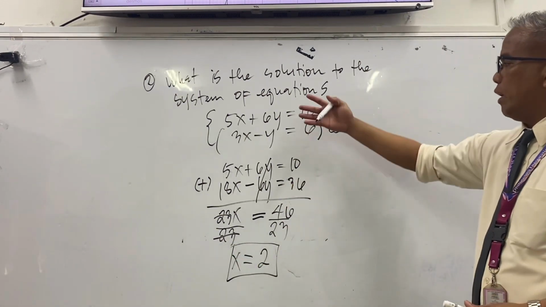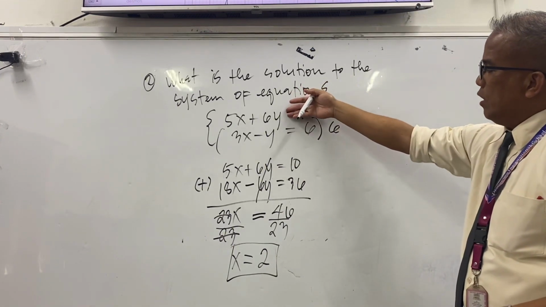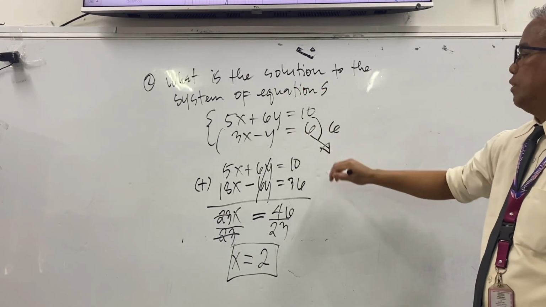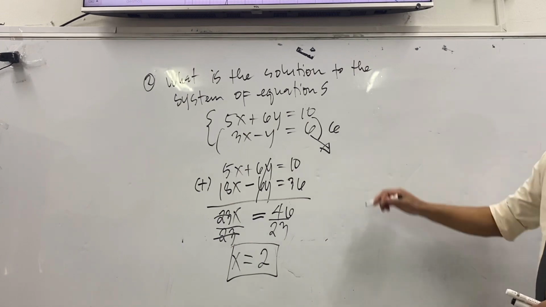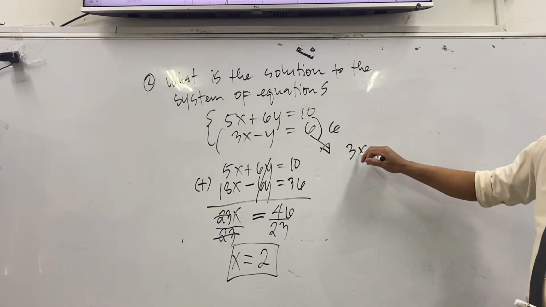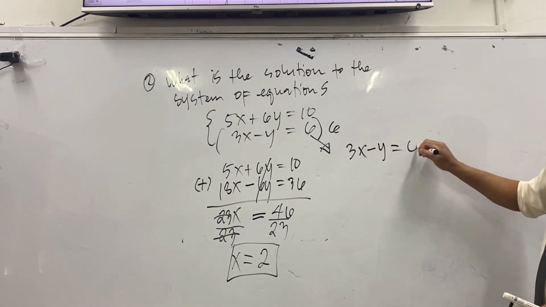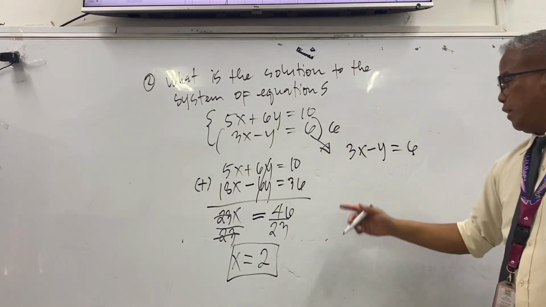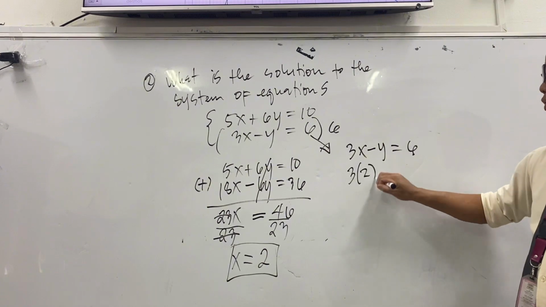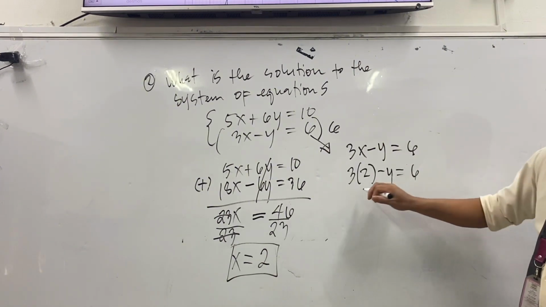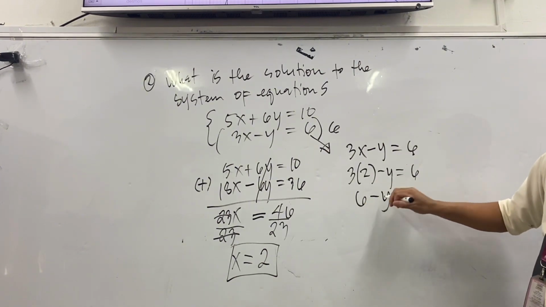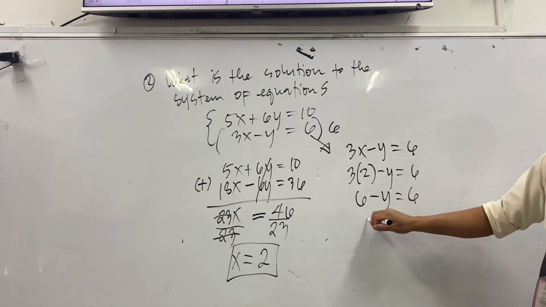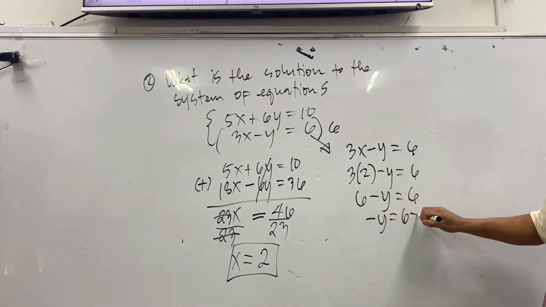To find the value of y, choose either of the two equations. I will choose the second equation: 3x minus y equals 6. Then we will substitute the value of x here. 3 times 2 minus y equals 6. So 6 minus y equals 6. Negative y equals 6 minus 6.